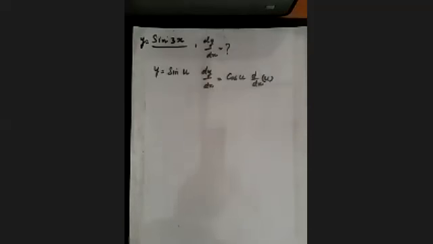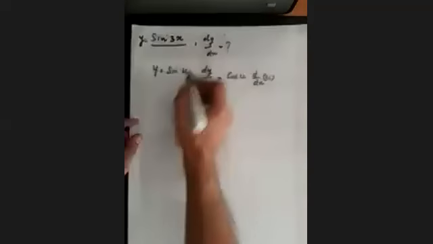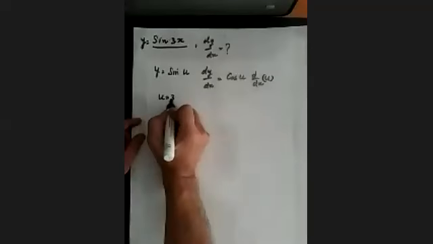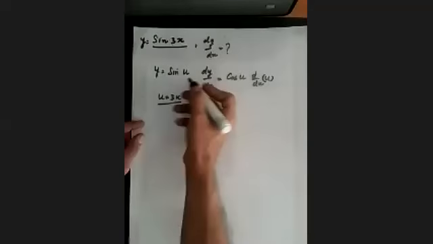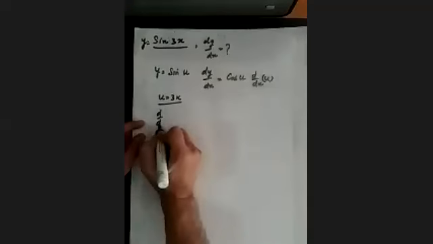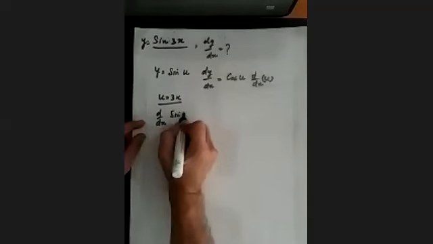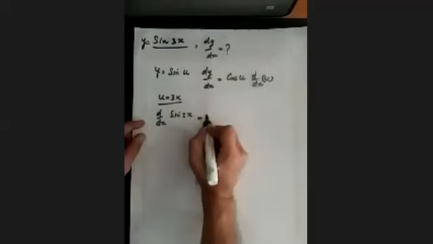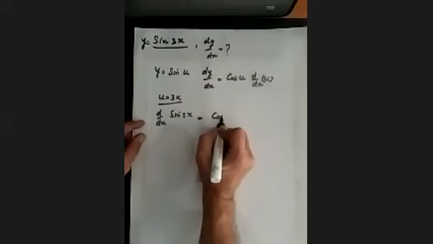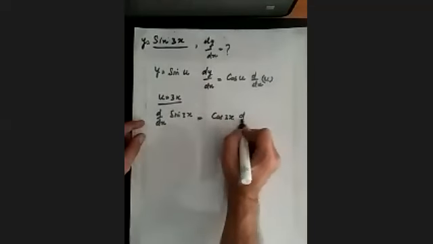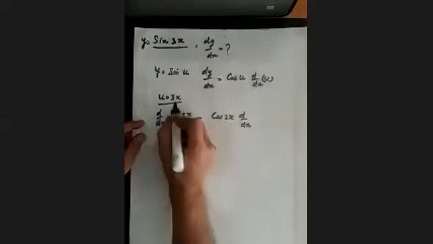So what will be the result? So here u is equal to 3x, given to us. Therefore d/dx of sine 3x will be, as it is, cos 3x, and d/dx of u, which is 3x.